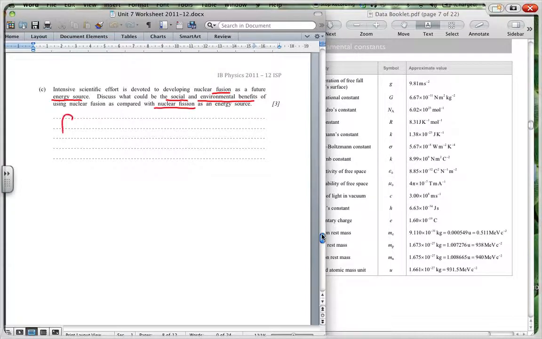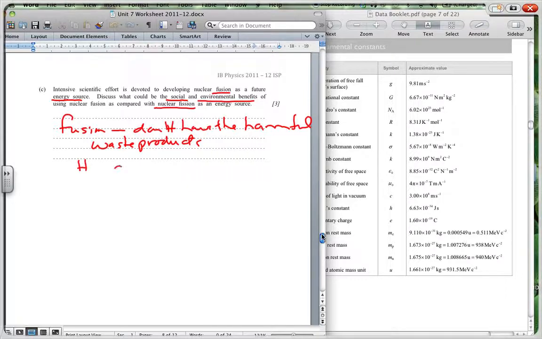Well, with nuclear fusion, you don't have the harmful waste products. So you're not getting those that you have to worry about for thousands of years, making sure they don't come in contact with humans and plant life and so forth.